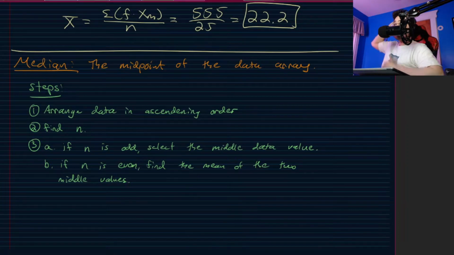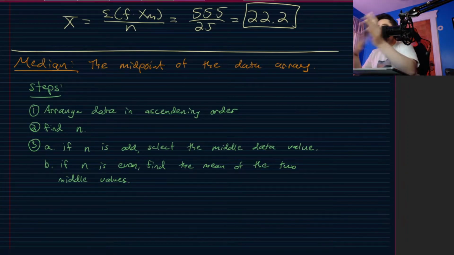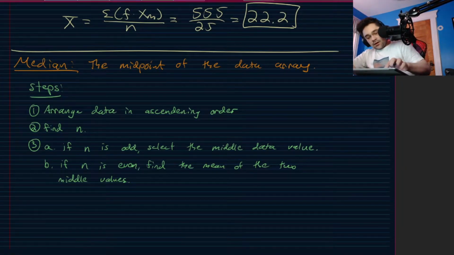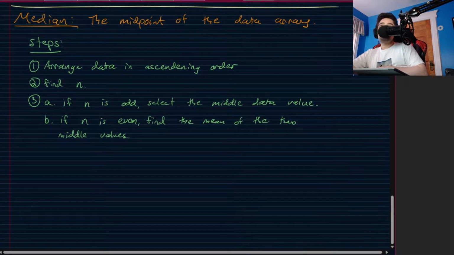For example, if there are 6 data values, 1, 2, 3, 4, 5, 6, there are 2 middles, the 3 and the 4, and so you have to average them together. Of course, average being you just add them together and divide by the number of them, which is 2. Okay, and that's how to find the median.